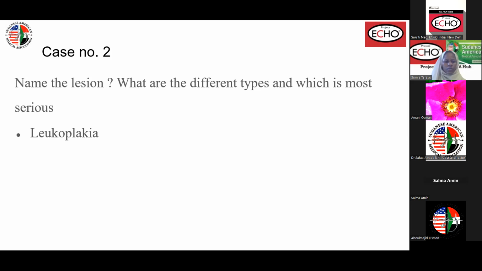So now I want you to think about the different types of leukoplakia that are covered in the lecture, if you can mention them, and which one exactly is the most serious, that raises the most red flags for the dentist or the treating doctor.